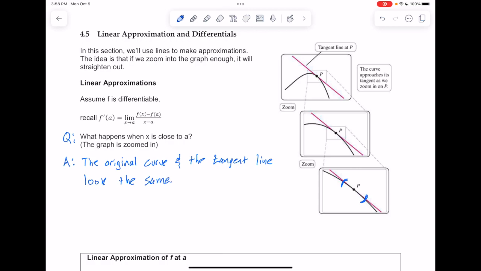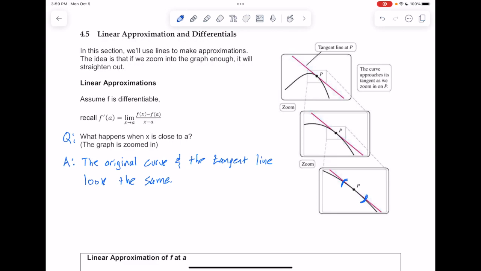And so then what we want to say from there is if you can't really tell the difference between the original function and the tangent line, then if you needed to plug into the original function and the x was close to this point of tangency, would it make much of a difference if you just plugged into the tangent line instead? And the answer is probably not.